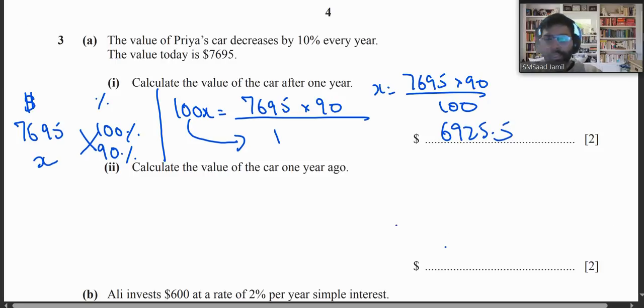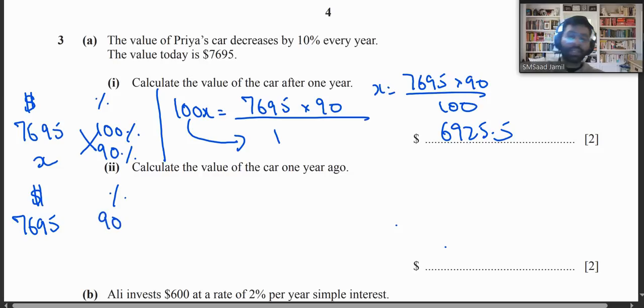All right. Now look, the next question says calculate the value of the car 1 year ago. Now students will mess this question up. You need to understand that now we are in the second year. So let me write down dollar, let me write down percentage. This 7695 is not equal to 100% actually, it's equal to 90%.